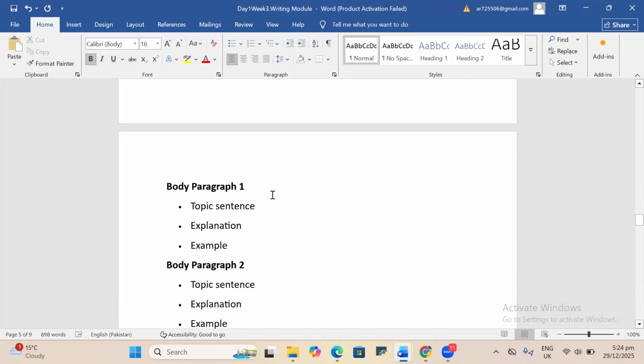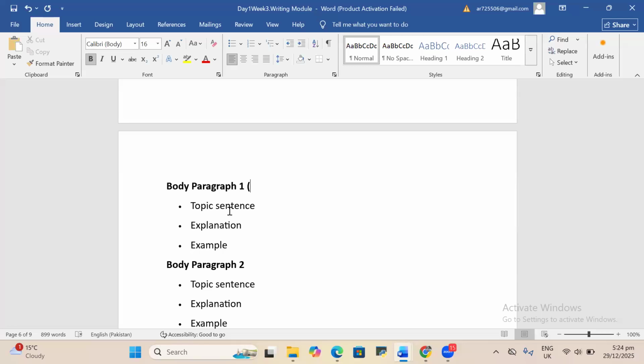In the first body paragraph, you just need to write 4 to 5 sentences. For example, first you write your topic sentence, and second you explain it. This is your second sentence, and then you give an example of that sentence.